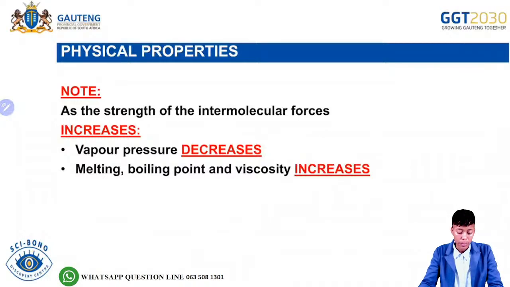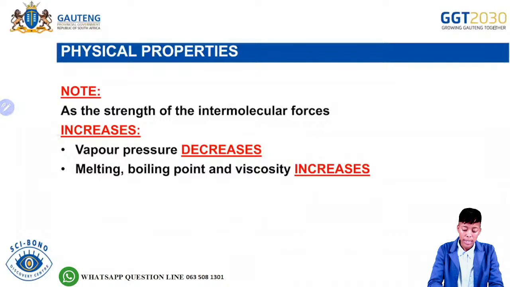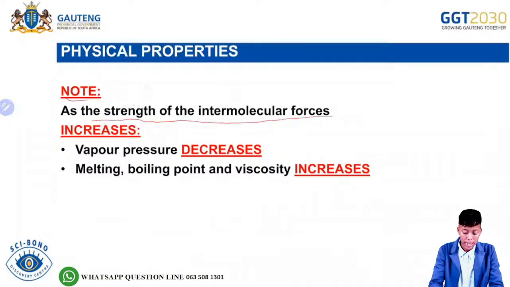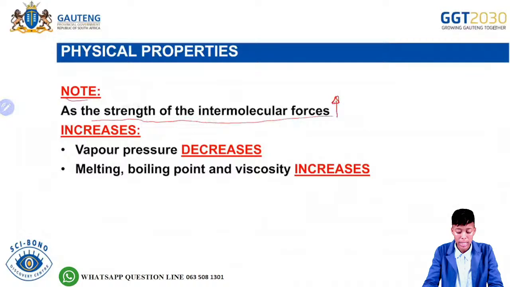Then again, you need to note the following. We spoke about the intermolecular forces. We said we have the London forces, followed by the dipole forces, followed by your hydrogen bonding. Note, as the strength of the intermolecular forces increases, what is going to happen to the vapor pressure?